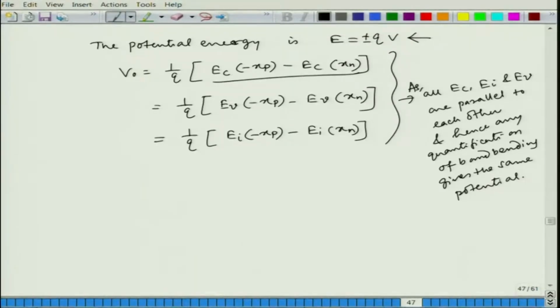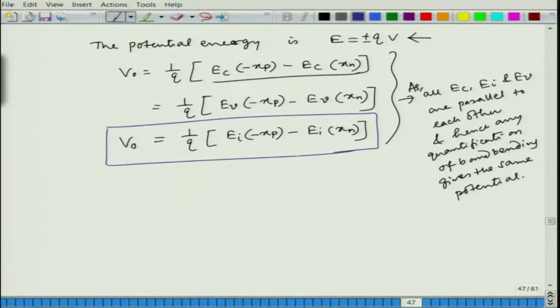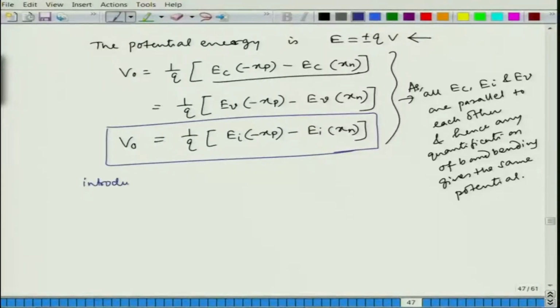Okay. So, now let us take this particular expression, the last one, because it is in terms of the intrinsic Fermi level. Now, we are going to introduce the actual Fermi level in the junction, which is basically constant across the junction. Now, introduce the constant Fermi level E f into this equation.